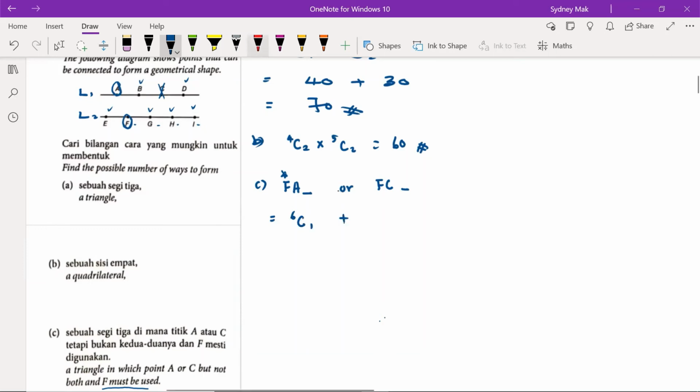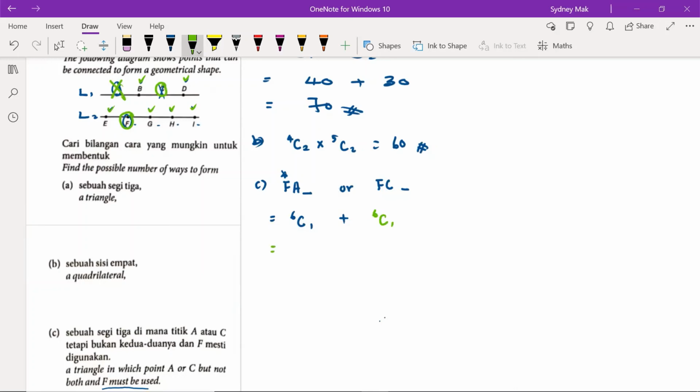The second scenario is when F must be used and C must be used. If C must be used, A cannot be used. Therefore we are left with the remaining 6 points, same thing. So 6C1.